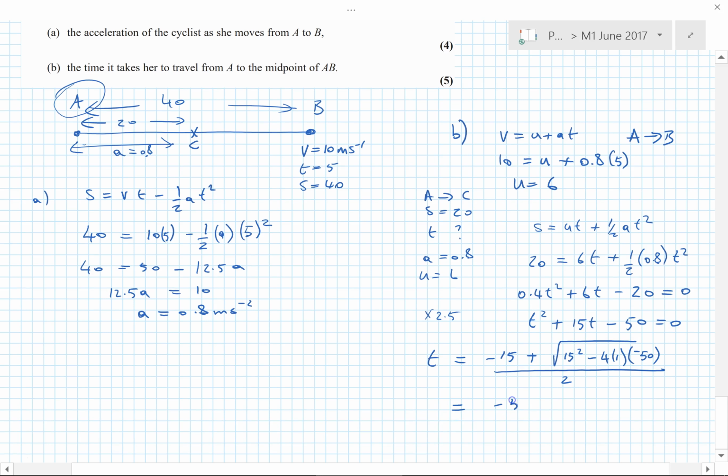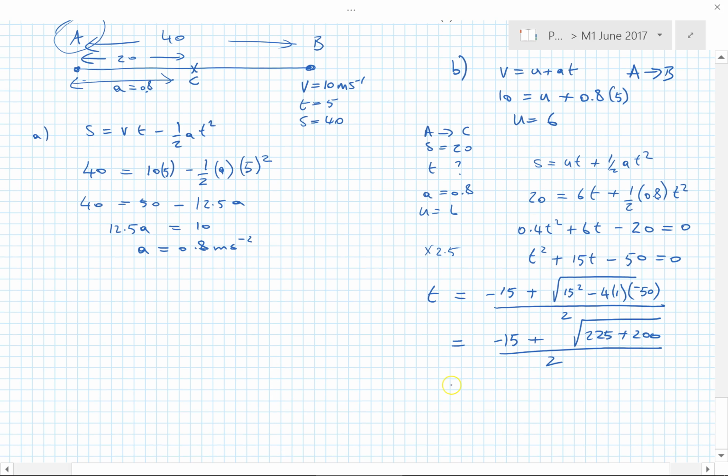That gives us minus 15 plus the square root of 225 plus 200, over 2, and when we work that out, that gives us 2.81. To three significant figures, 2.81 seconds. So that's that question done.